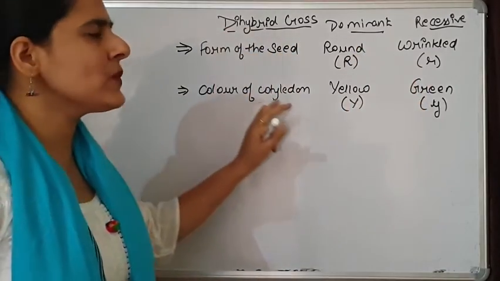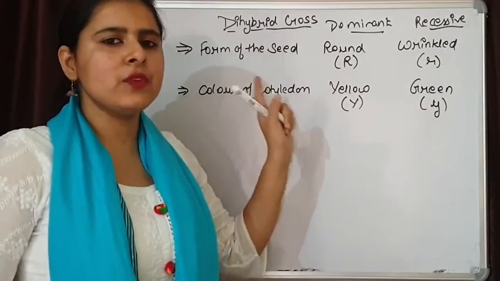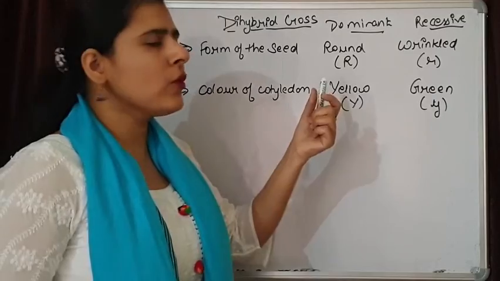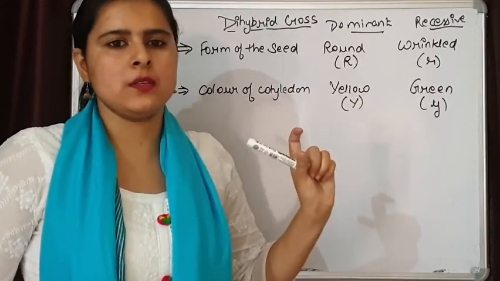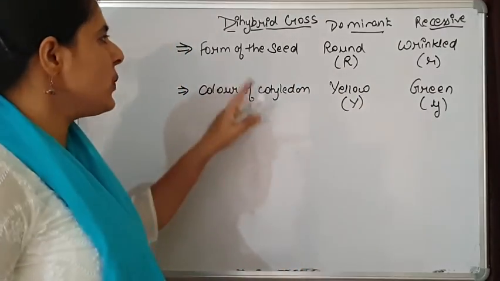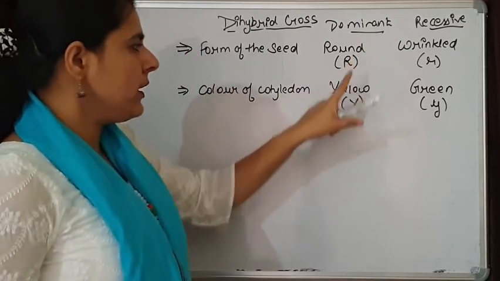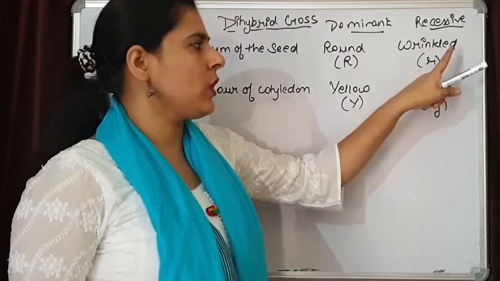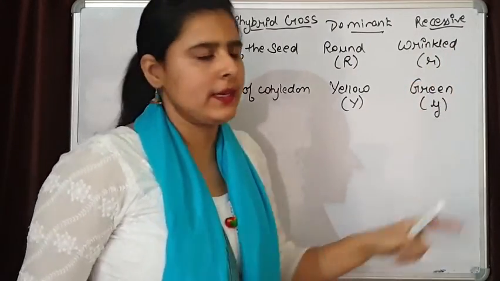Now when we start the cross, just like we did in Mendel's monohybrid cross, here also we are going to select pure line plants. Means one plant will be pure line for round and yellow characters, and another plant should be pure line for wrinkled and green characters.